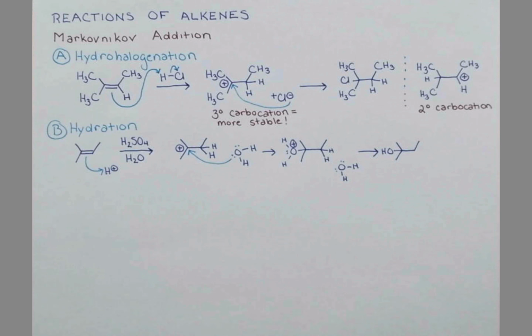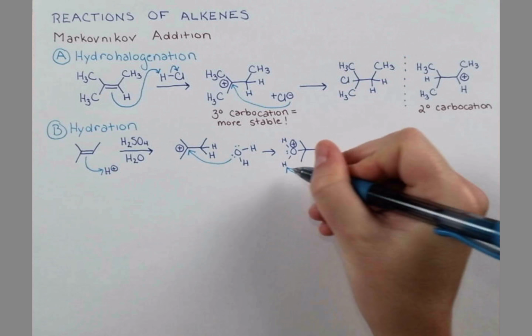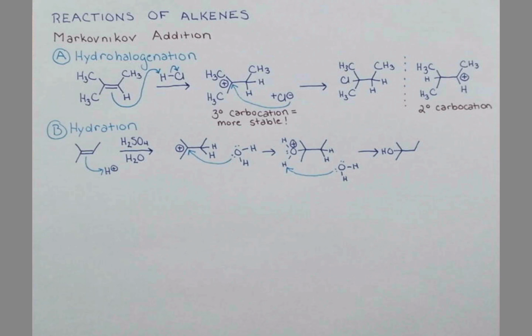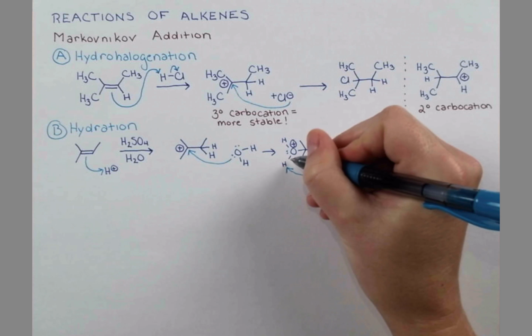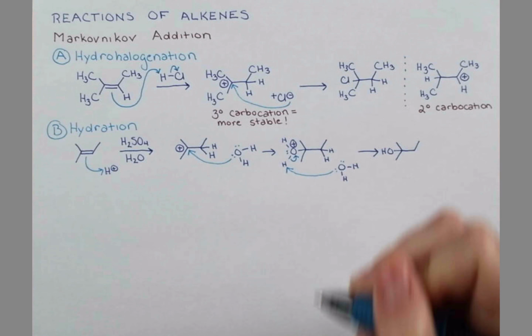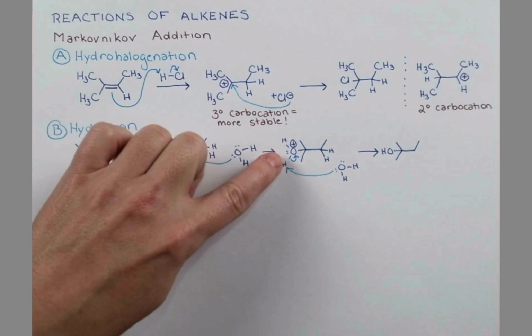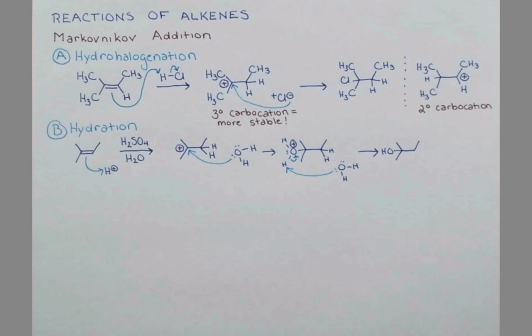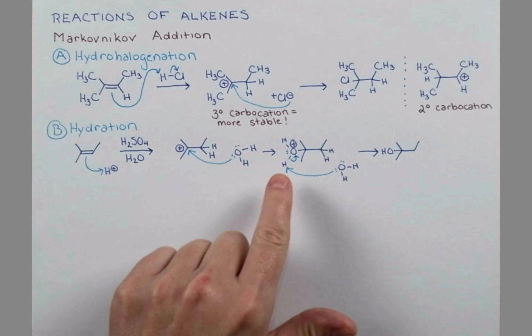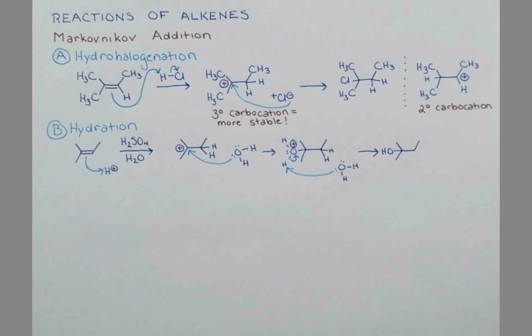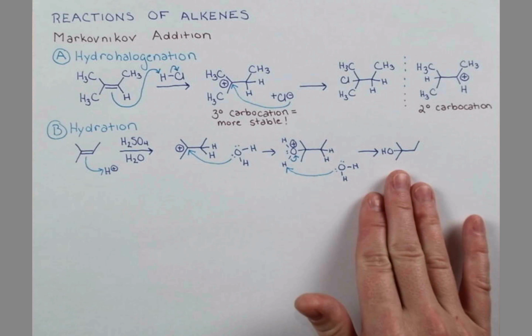And so these electrons will grab this proton, deprotonating it. And in every mechanism where we have electrons left behind, we show them becoming a lone pair on the atom that they're left on. And in this case, we can see how it neutralizes the positive charge on oxygen. And then we get a neutral molecule out.